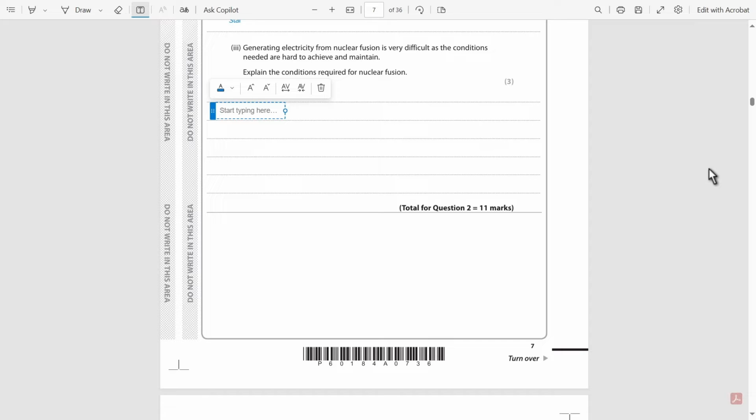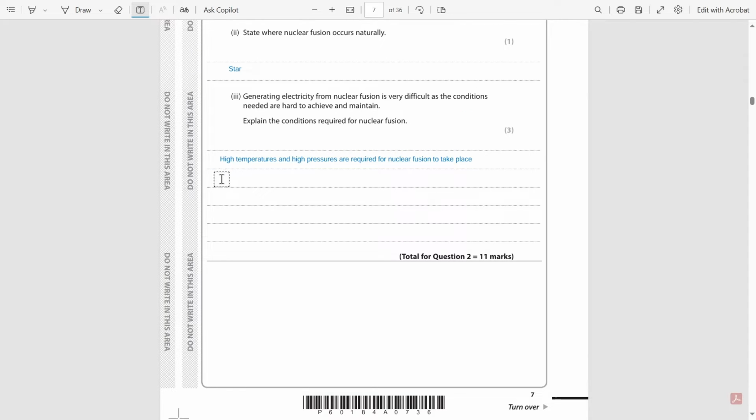So what we have to say, guys, is that high temperatures and high pressures are required for nuclear fusion to take place.